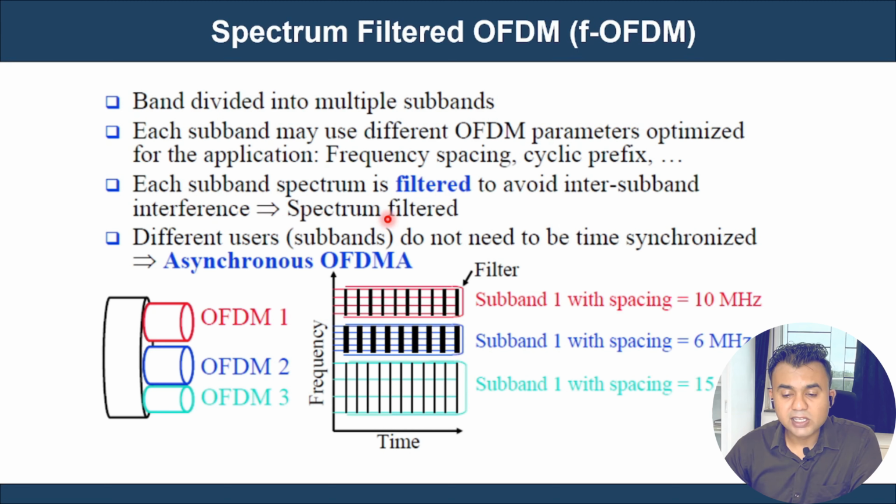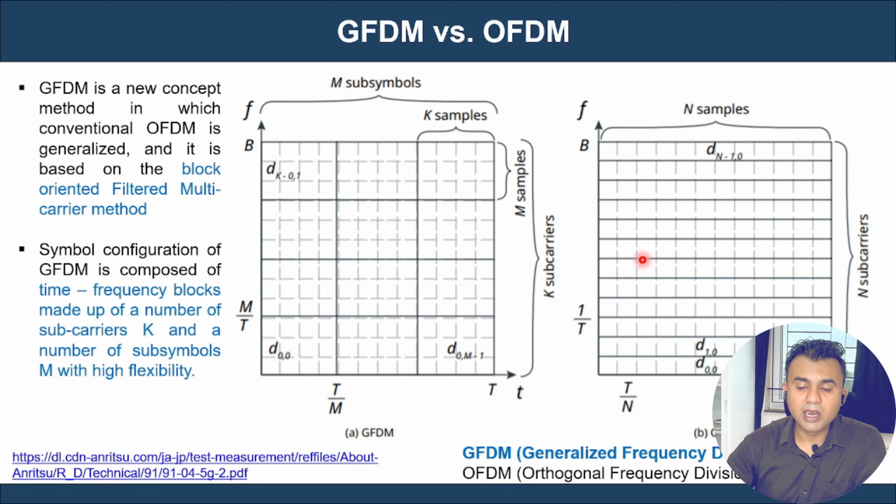Which means it is a spectrum filtered version, known as filtered OFDM, F-OFDM, because each subband spectrum is filtered to avoid the inter-subband interference. Different users or subbands do not need to be time synchronized across the subbands here, so it's kind of an asynchronous OFDMA.